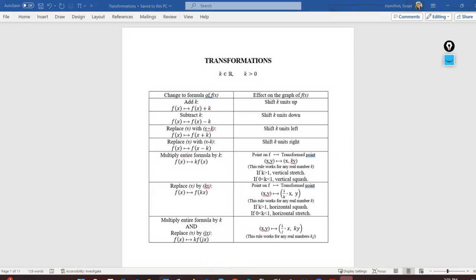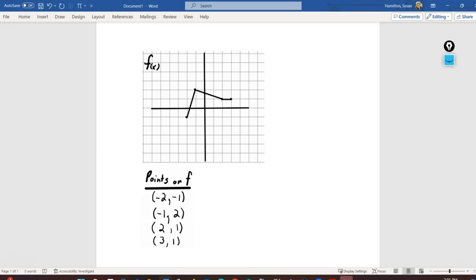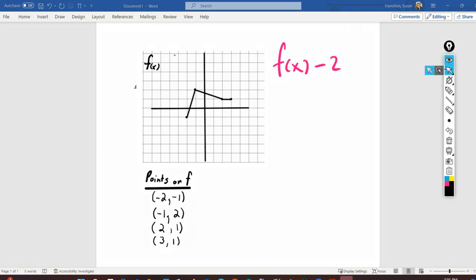So we're going to come back here to here, and what we will do is we start with the black one and we shift it down 2 units. So just going from left to right, we look at the points of interest here and down 2 units. It should be in red, sorry.